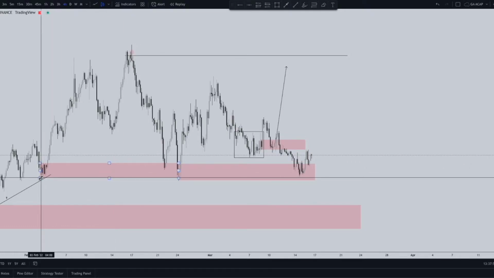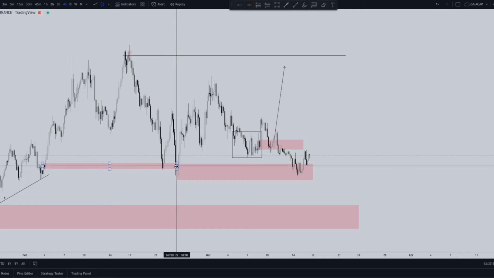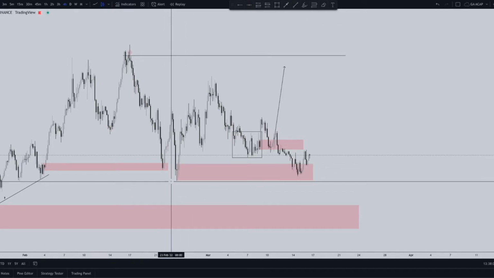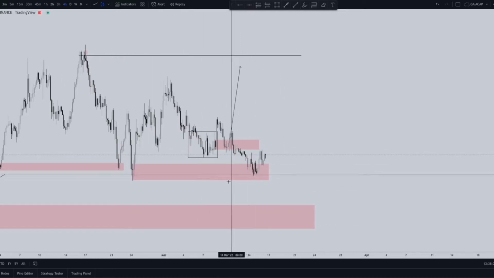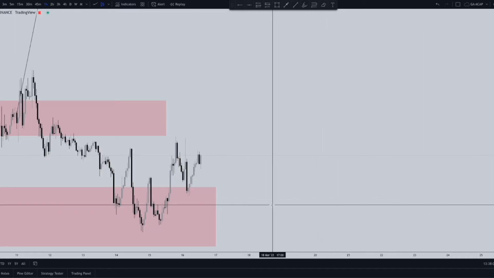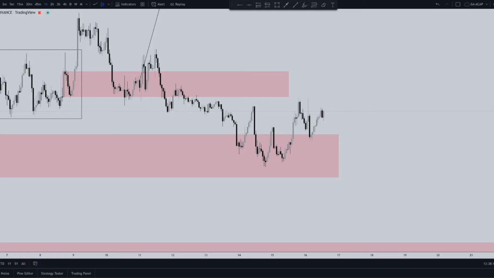So price did not respect this demand zone over here, which was therefore liquidated essentially, and then price came back down to this demand zone, which I feel like if we drop into a lower time frame, we could have a little accumulation schematic. And yeah, we do have an accumulation schematic when it comes to this.